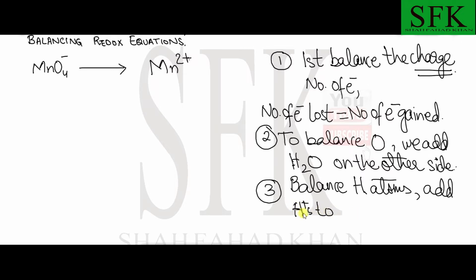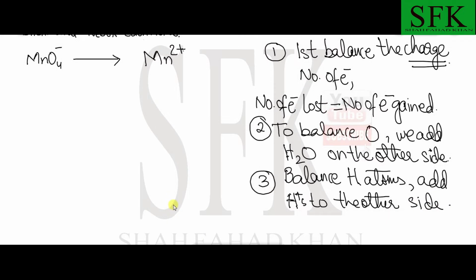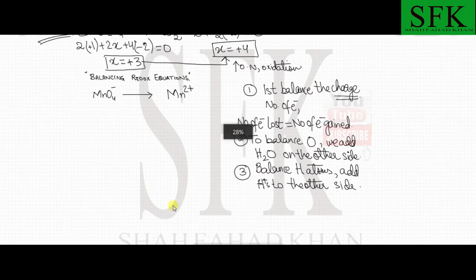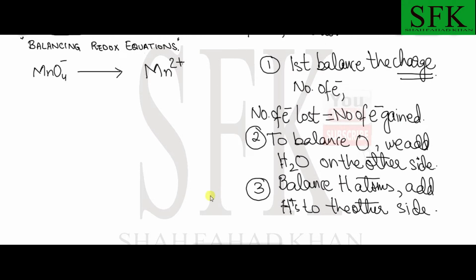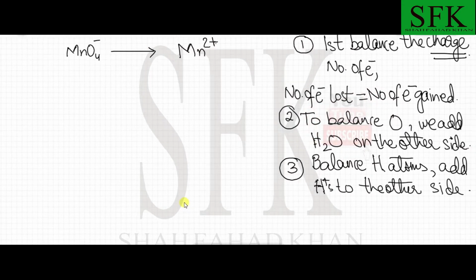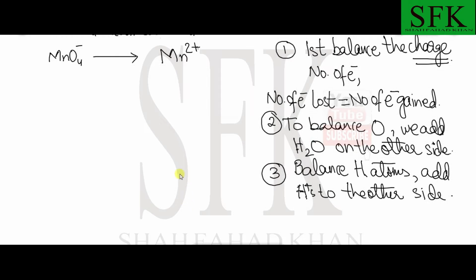H positive ions basically to the other side of the equation. Okay, so these are the three basic rules in order to form a complete equation. Now let's start out by looking at the rules.